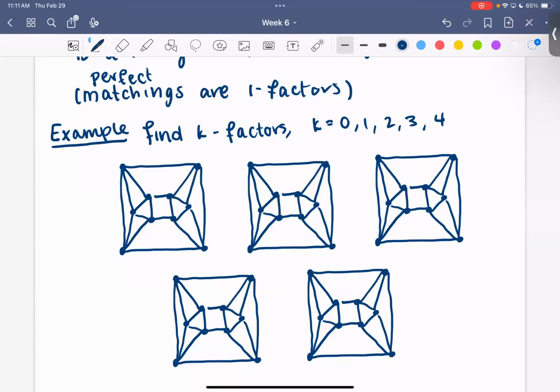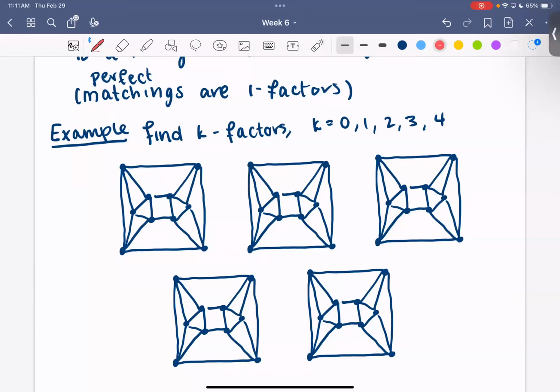Okay, let's go through the examples. So for k equals 0, what is a 0 factor? Yeah, so it's a subgraph and it has to be spanning, and every vertex has to have degree 0.